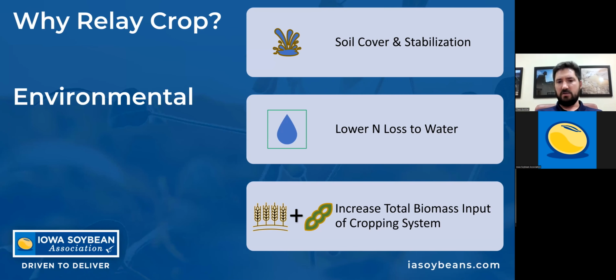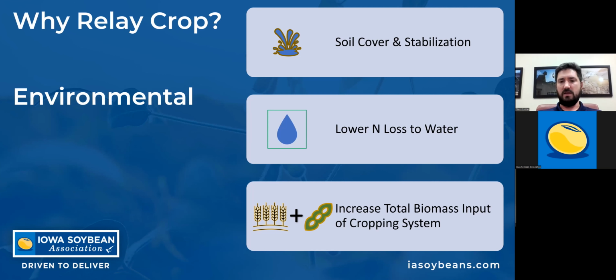So, the question of why you'd want to relay crop. If we look at just the environmental benefits, what this system provides is soil cover and stabilization, which we know are important to long-term soil longevity and maintaining the topsoil that's out there. We're going to reduce nitrogen losses to water.